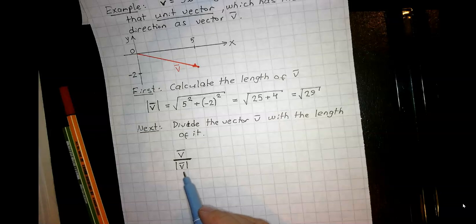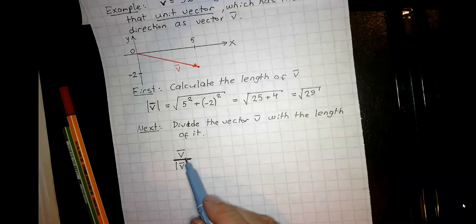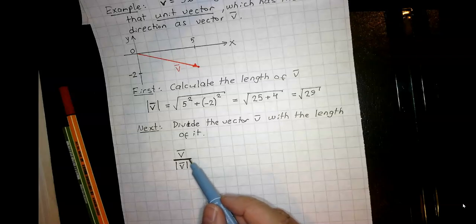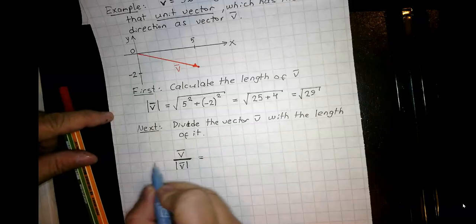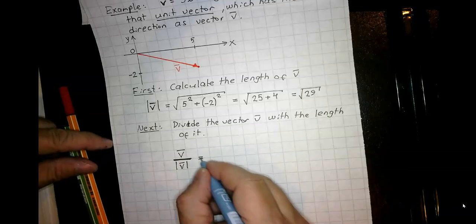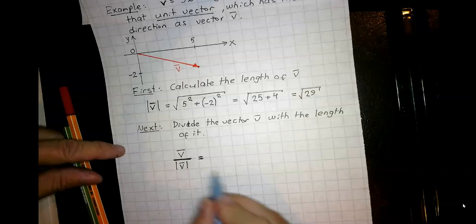The absolute value means the length or the magnitude of that vector, but without those absolute value signs there, it is only a simple vector. I will give a notation for this very soon, but let's calculate this first.